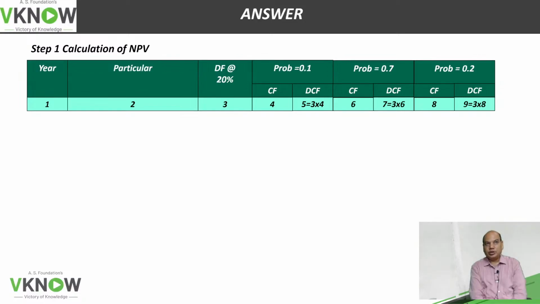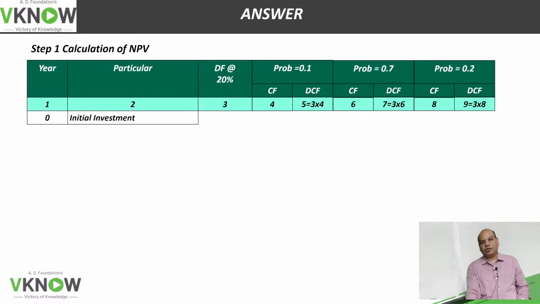Probability equal to 0.2, cash flow, discounted cash flow. Column number 1, 2, 3, 4, 5. 5 is 3 into 4. Column number 6. 7 equal to 3 into 6. 8. Column number 9 is equal to 3 into 8.